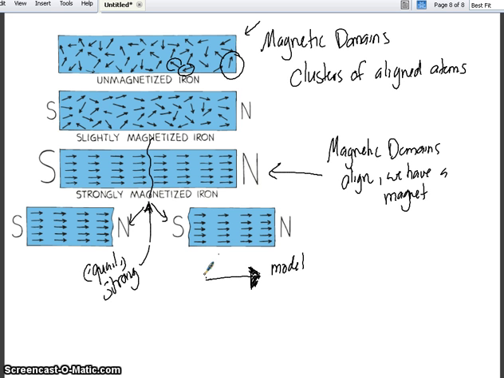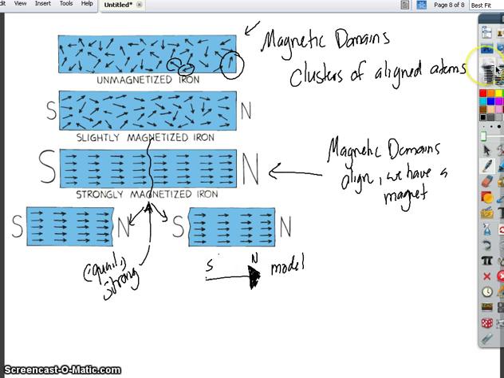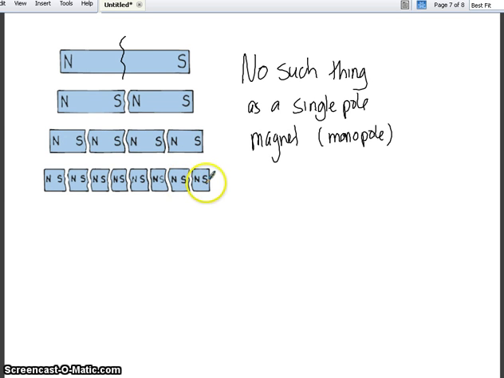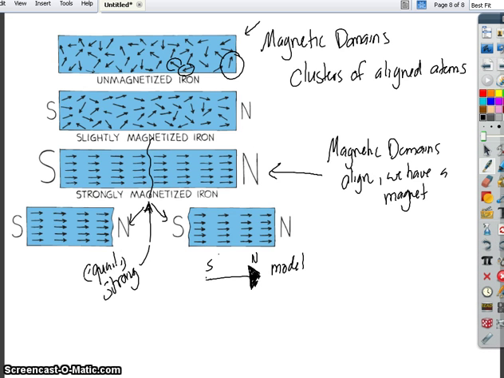So if every single arrow has a head and a tail, essentially that's like saying there's a north and south pole for every single magnet. And that is why we can never have a monopole, because even if we split them up and split them up, there are still magnetic domains inside these things. We still have an arrow, we still have a head and a tail. And so no matter how many times you split it up, there's always going to be a front end and a back end, or a north and south pole.